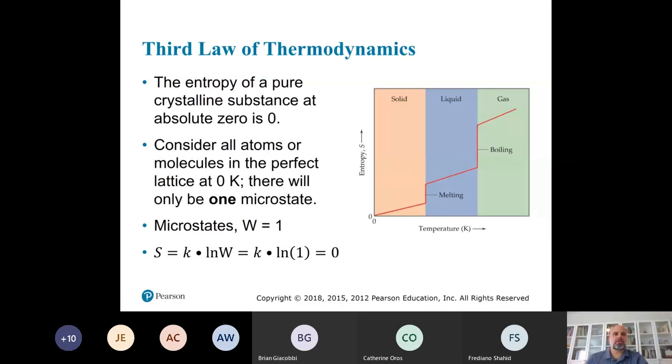Third law of thermodynamics. The entropy of a pure crystalline substance at absolute zero is zero, right? Think about that. At absolute zero, there are no movements. We're talking about this point right here.